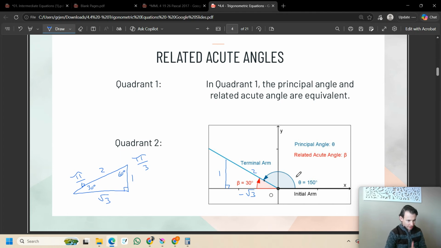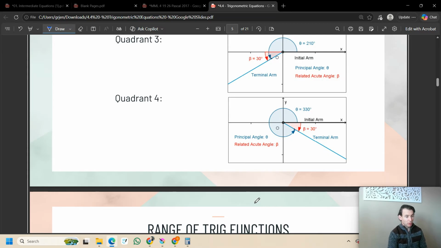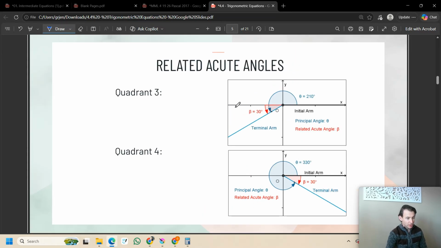So to work with something like 150 degrees, you just imagine your special triangle flipped around and moved over here, and then the related acute angle tells you the value of all those ratios, and just using x and y will tell you which ones are positive and negative. Similarly, if I were working down here, I just imagine my special triangle there.